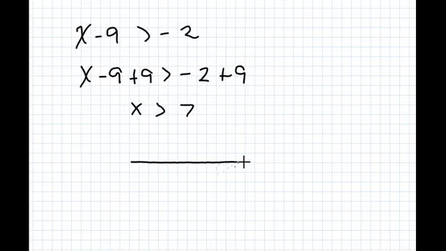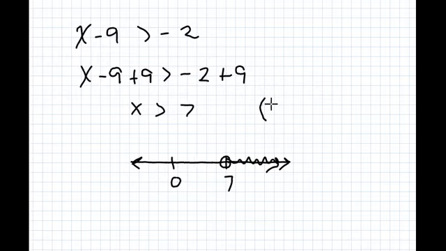I'll label 0 here, and 7 is here. You notice this doesn't include the equal sign, so I'm going to put just a circle here, and then it's everything greater than 7. Now our interval notation will have a parenthesis, indicating that we can't use 7, and it goes out to infinity.